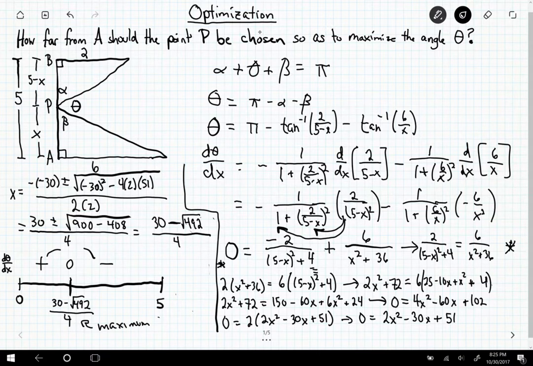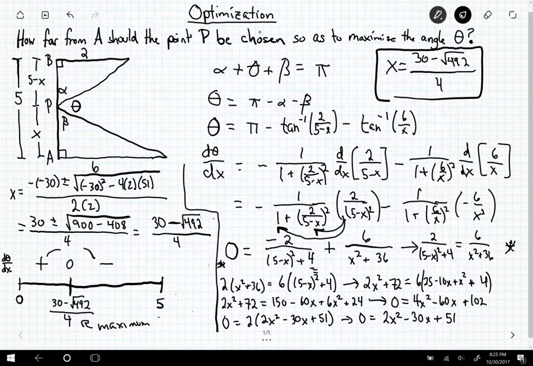Okay, so how far from x should we choose? Well, we should choose x equals 30 minus the square root of 492, all over 4, for our value. Now that might not be so obvious, and I chose some numbers that might be a little bit more difficult here.